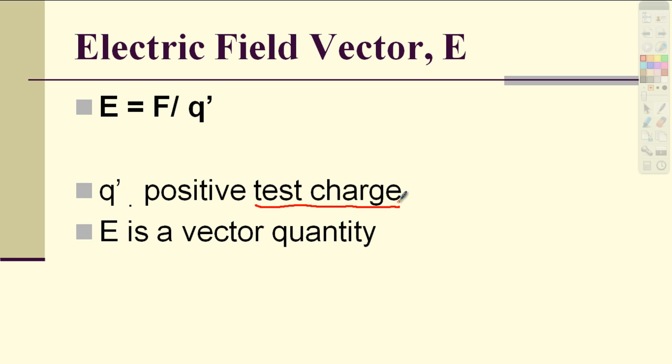E, as I said, is a vector quantity. Sometimes in your book you'll see it with a line over it, or you'll see a bold E. Anytime it's a bold letter or has a line over it, that means it's a vector. The units are newtons per coulomb.